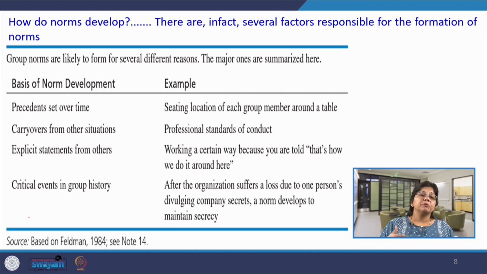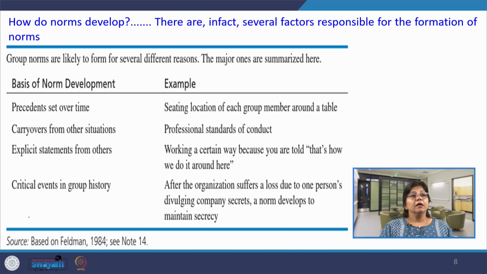So, this is about explicit statements from others, that is, how we do it around here. This becomes a norm. The newcomer will also understand that this is the only acceptable way to perform any task or expected behavior.